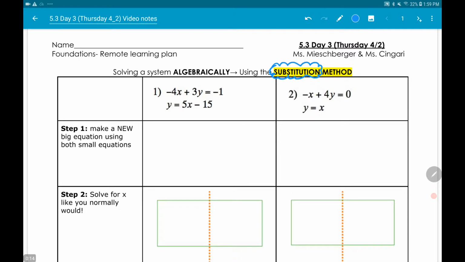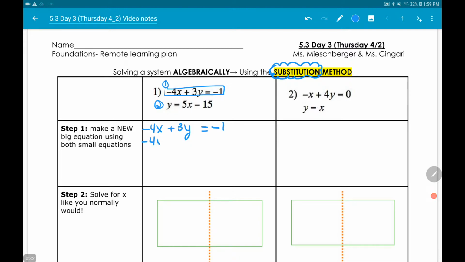So for system 1, I have equation 1 and 2. What is the equation that I'm going to write first? So for this, I'm going to write equation 1 because that is the one in standard form.